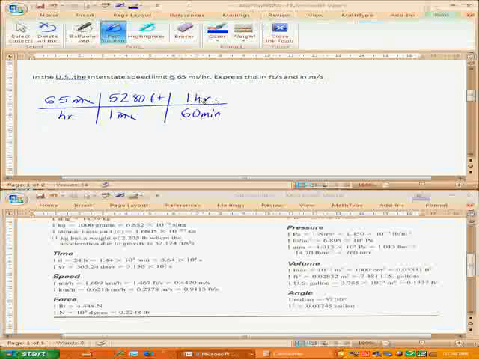So the hours will cancel out, leaving me with feet per minute. Of course, I don't want minutes, so in 1 minute there are 60 seconds. So then my minutes will cancel out, and I'll be left with this. I multiply across the top, divide by anything that's on the bottom.